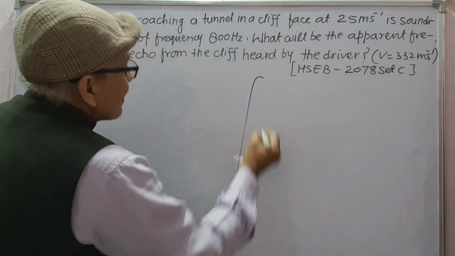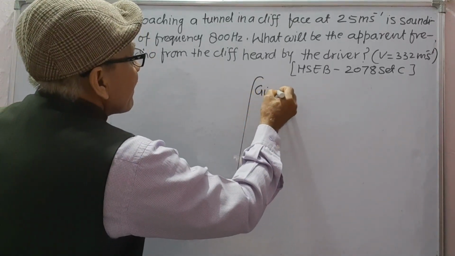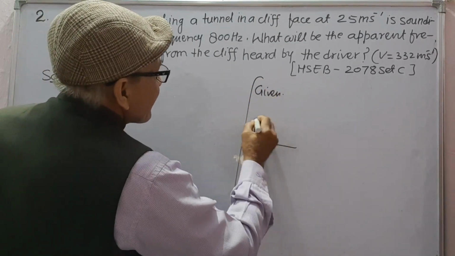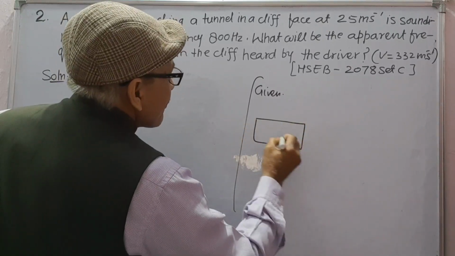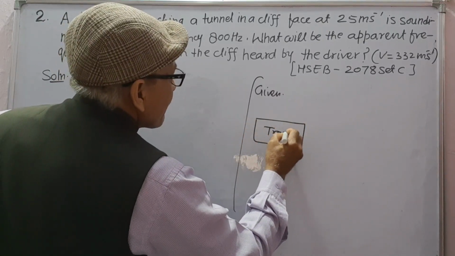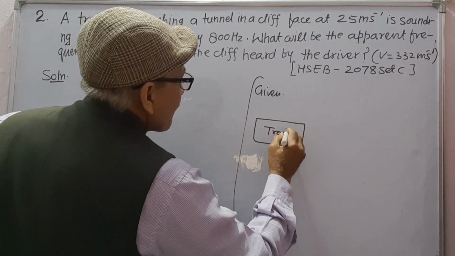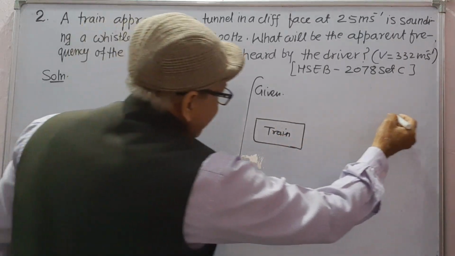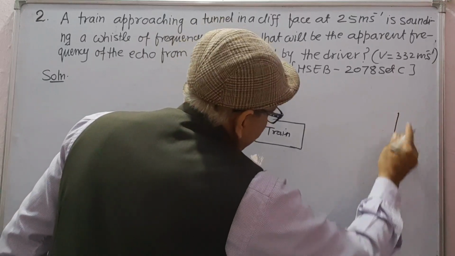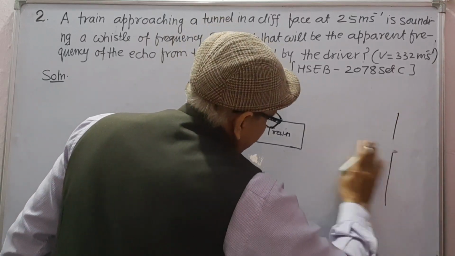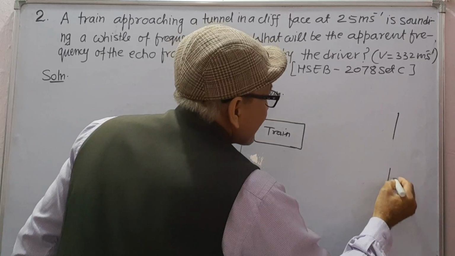Here given, this is the train, sorry, coming towards a tunnel cliff.